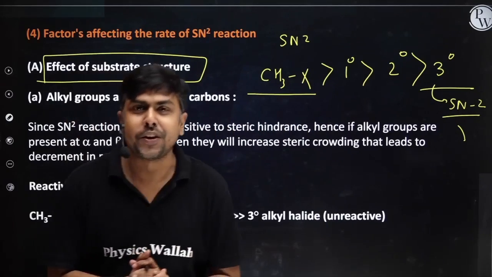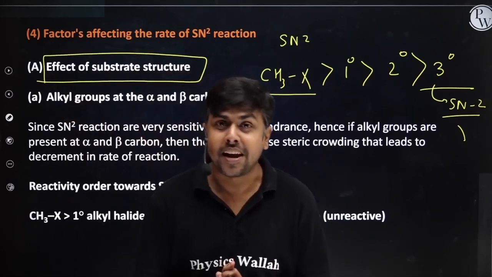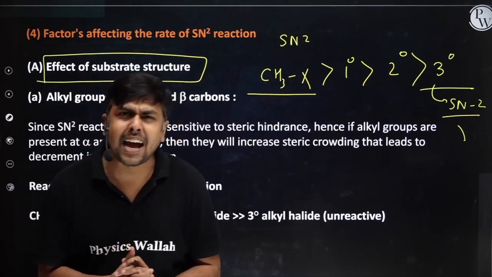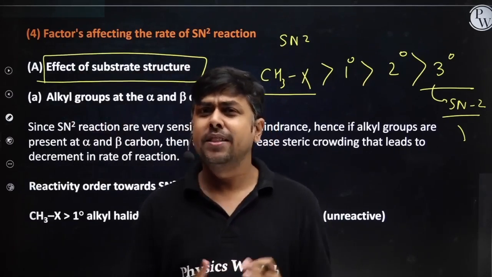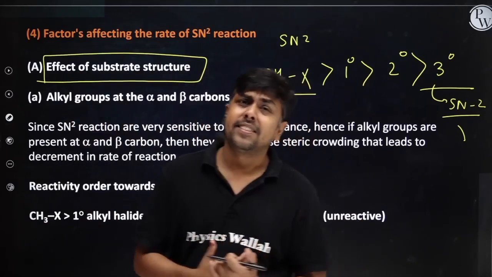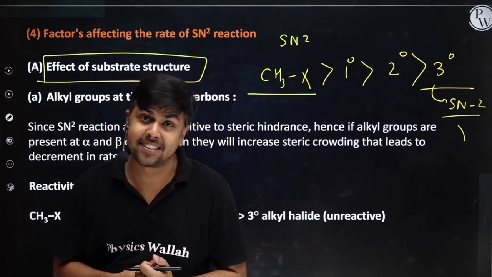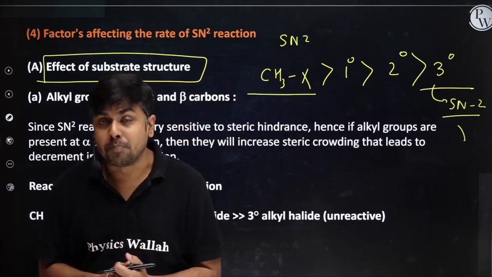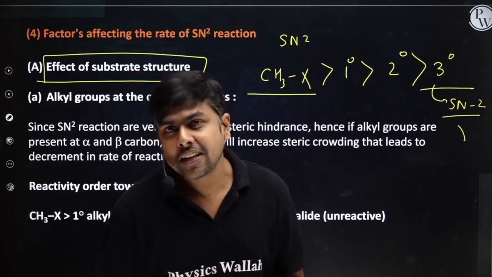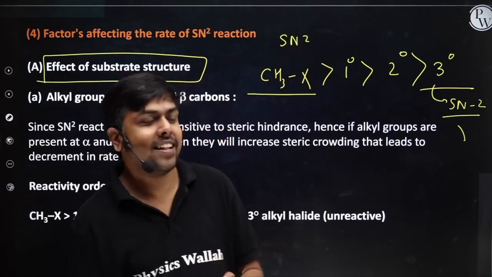Students, SN2 reactions are very sensitive to steric crowding. So if there is an alkyl chain present at the alpha carbon or beta carbon, then the rate of SN2 will be very less. SN2 is more in a less hindered carbon or less hindered alkyl halide.